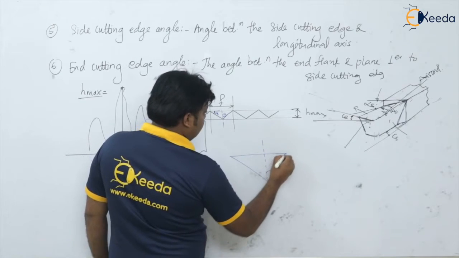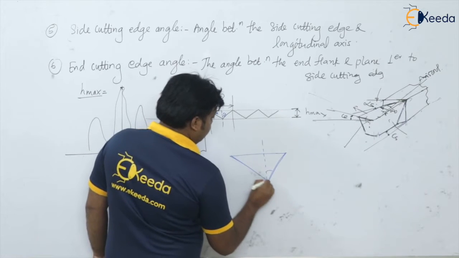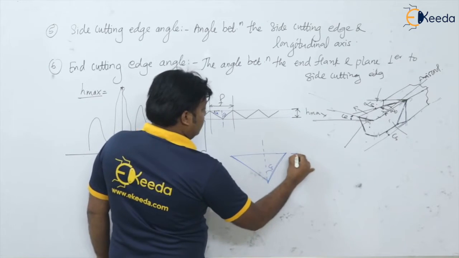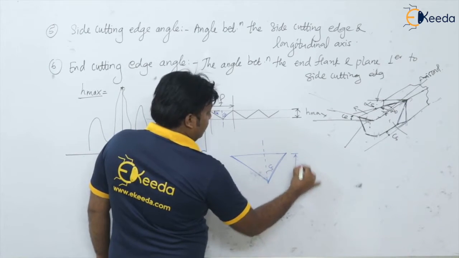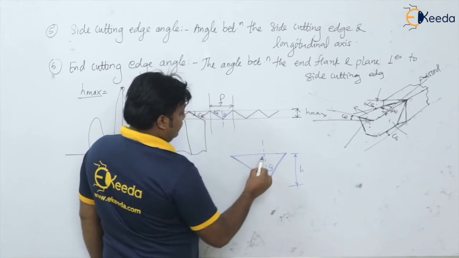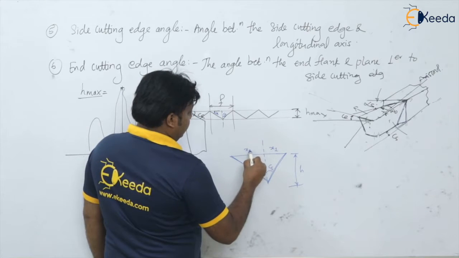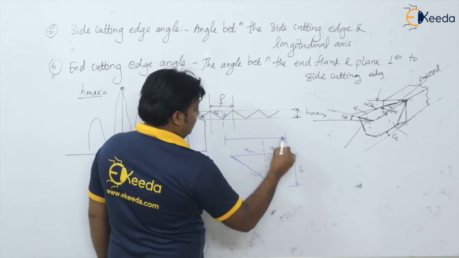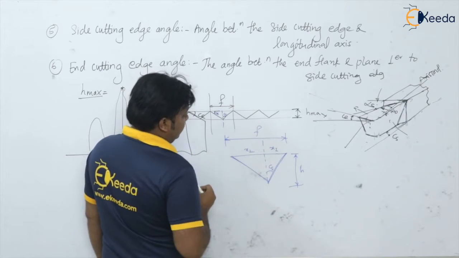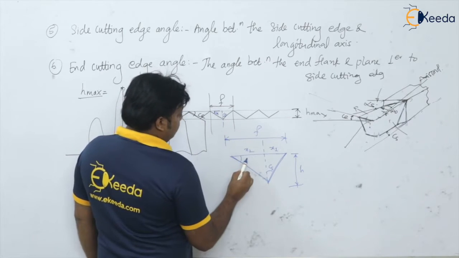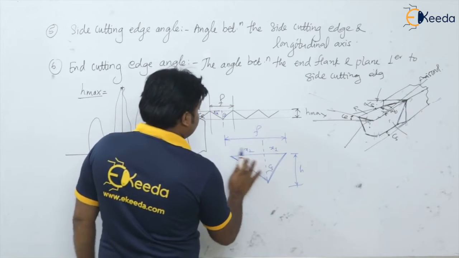So this is our CS, this is the peak to valley distance H. Say this is x1, this is x2, and totally this is the feed. And this is our end cutting edge angle, CE.